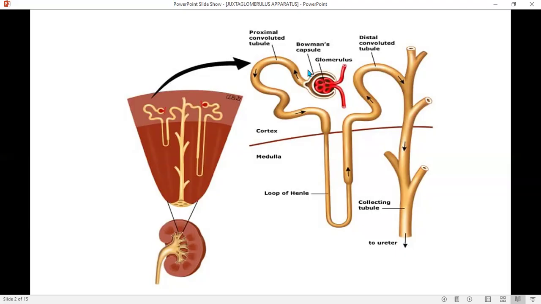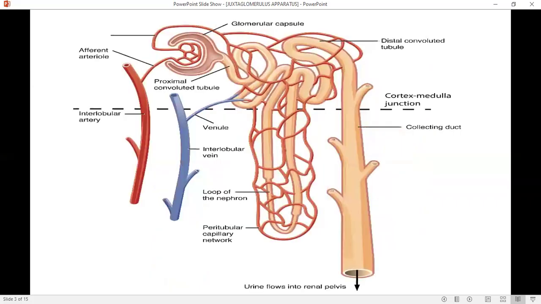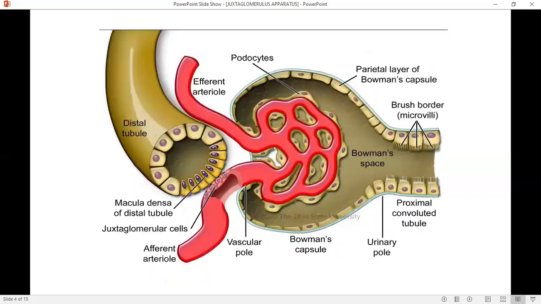This area where the vascular and the tubular meet is why I described it as what we call the juxtaglomerular apparatus. Okay, so the juxtaglomerular apparatus actually consists of three major components.